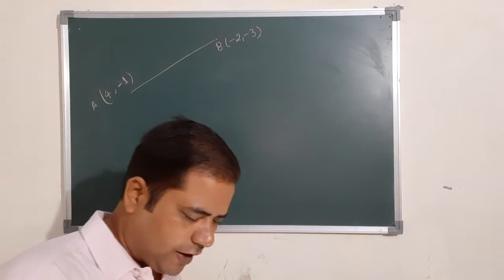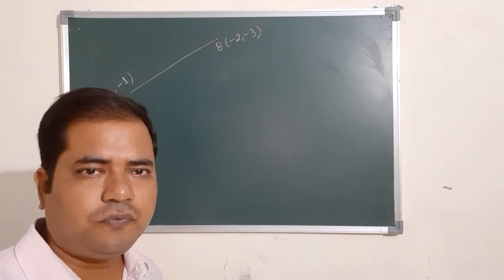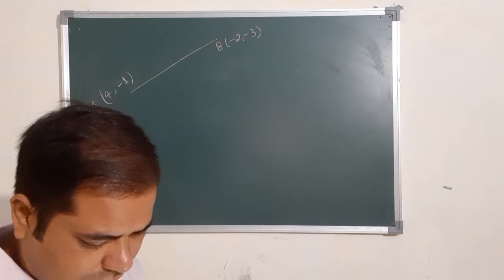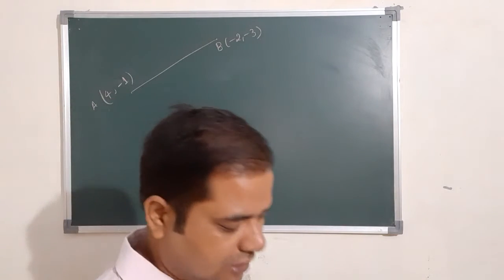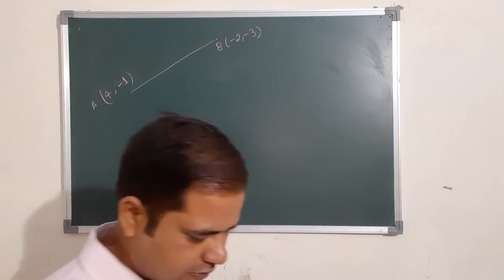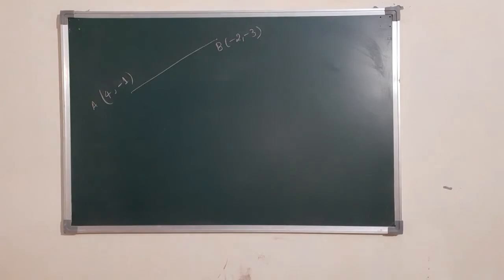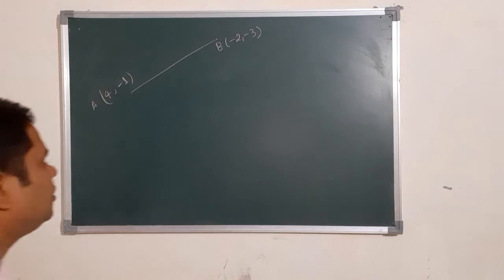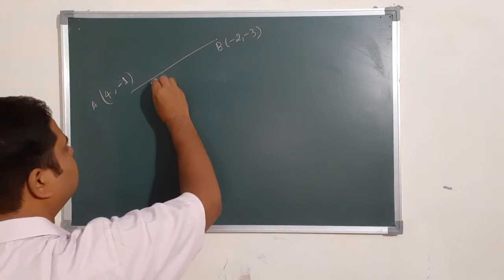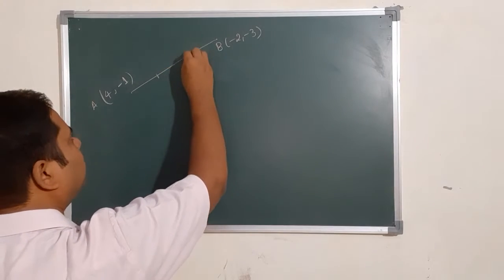What we need to find here is the coordinates of the points of trisection. Trisection means there are 3 equal parts.